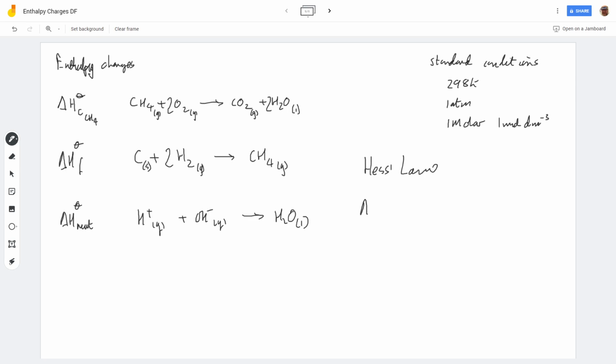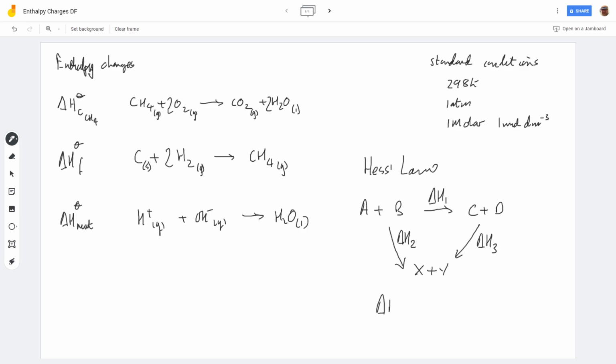So if we take two things, A plus B, they react together to make C plus D, but we could, for example, turn A and B into X and Y, and we can also turn C and D into the same things, X and Y. If that's delta H1, so that's the thing that we're interested in, and this enthalpy change is delta H2, and that enthalpy change is delta H3.